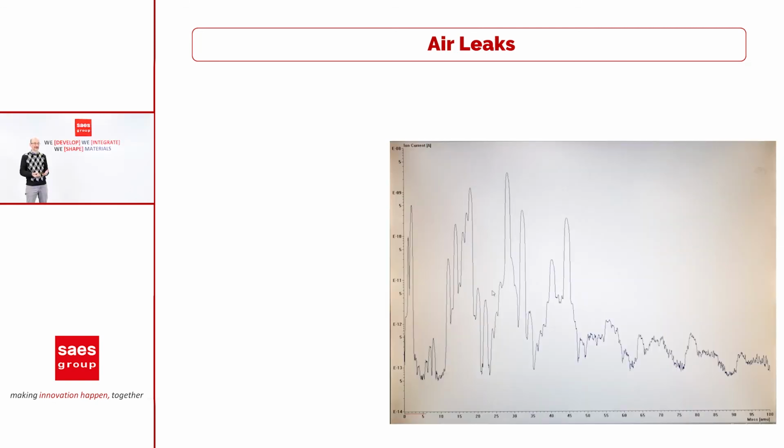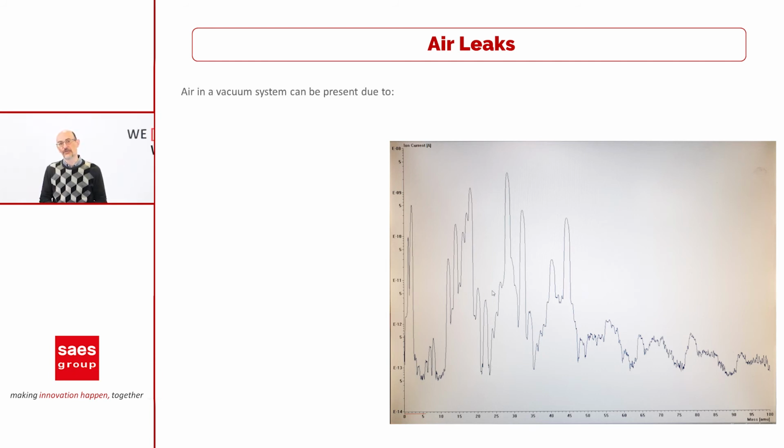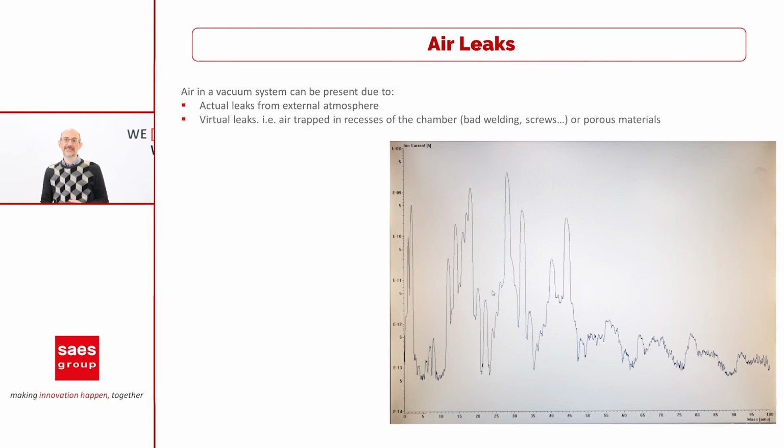What about leaks? How to recognize them? Leaks can occur for many reasons, like actual leaks, so from the external atmosphere, or virtual leaks, that is air trapped somewhere in recesses of the chamber, like bad welding, screws, or porous material.